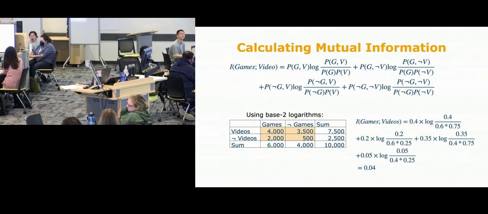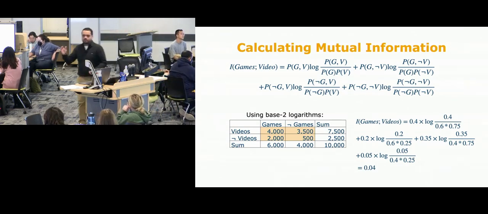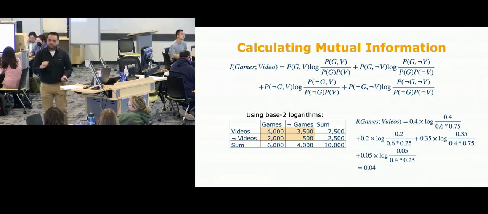In the denominator, we once again have P of games, the sum of the first column, 4,000 plus 2,000, 6,000, that's 0.6. And the second is the probability of not videos, which is the second row. So it's 2,000 plus 500, 2,500 divided by 10,000, 0.25. Similarly, you could compute the other two values and add them all up.